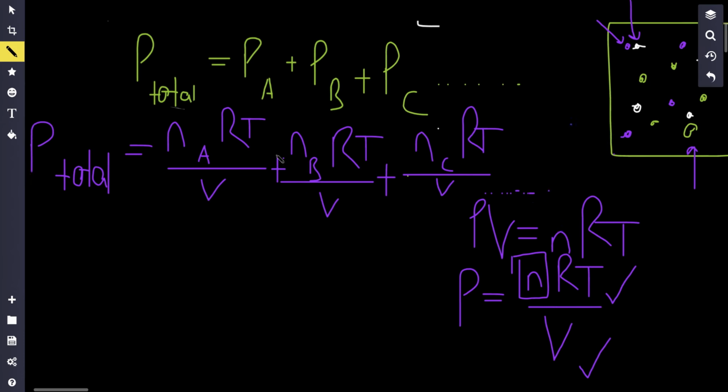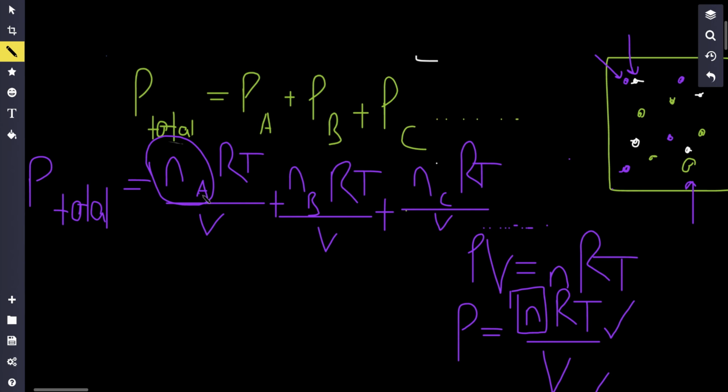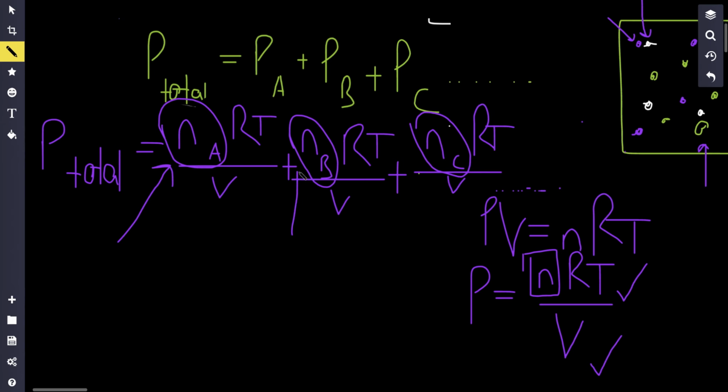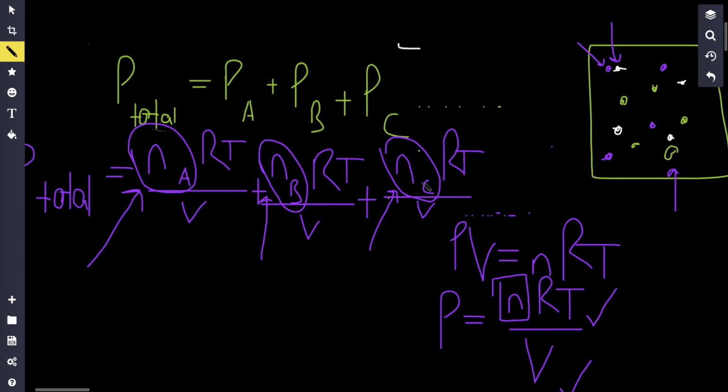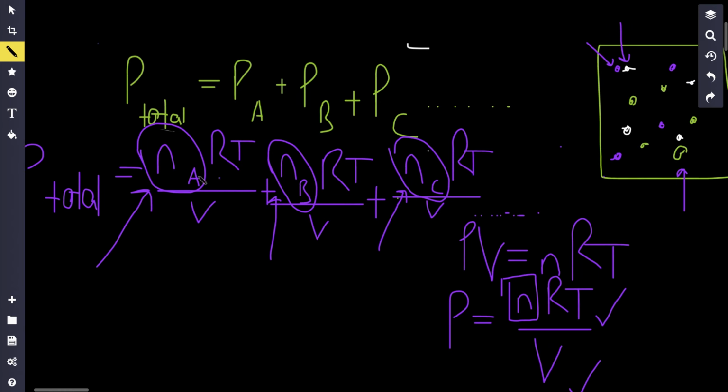Notice how the only thing that changes is the amount of moles of gas we have. In this case, we have n moles of gas A, n moles of gas B, n moles of gas C. We don't know how many moles of gas A, B, or C we have, but it can change. It doesn't have to be the same. We know that all these other variables are constant, but the moles of A and the moles of B can be different.